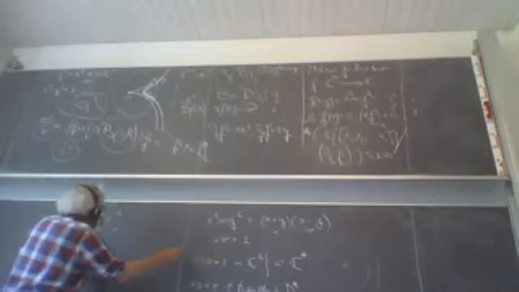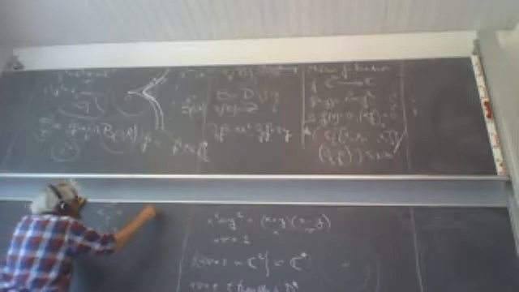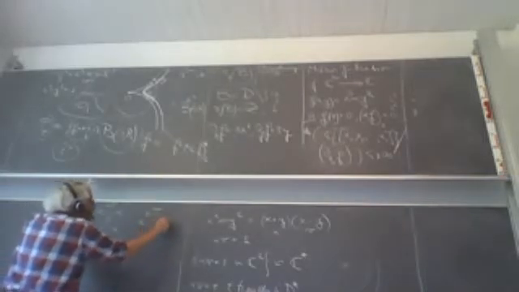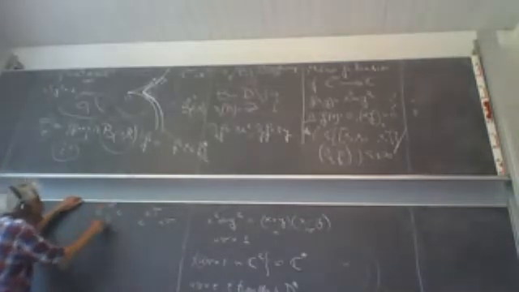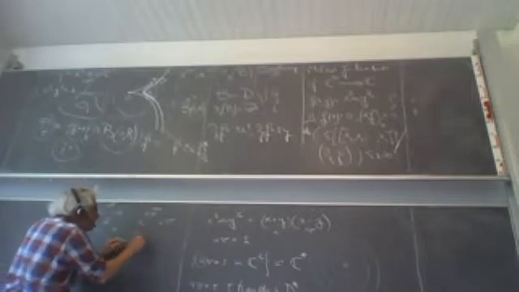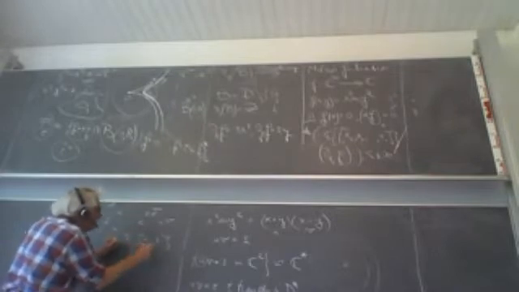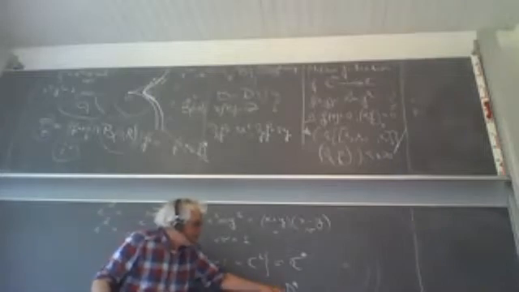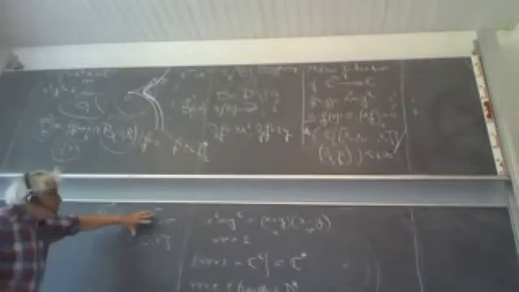Then uv will be multiplied by e to the power 2 pi i t. When t runs in 0, 1, then t runs in C star around the origin once. And we could compute the monodromy that way.